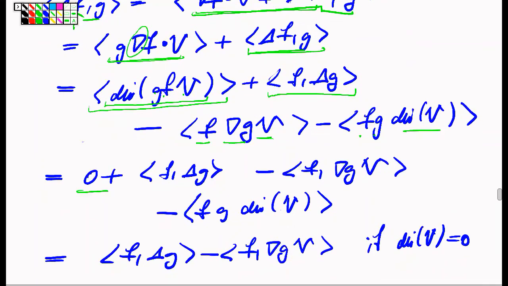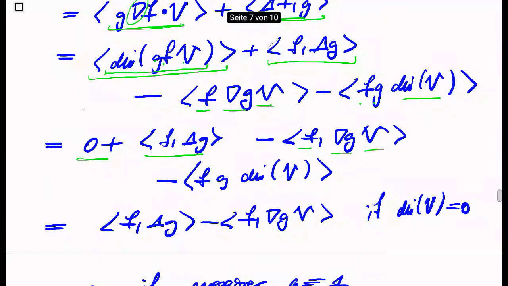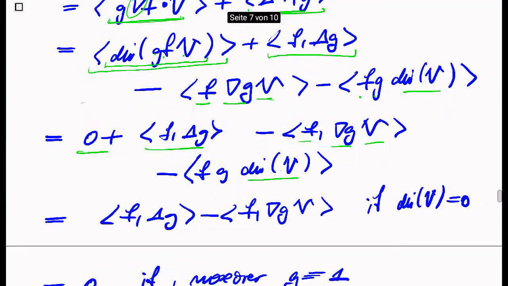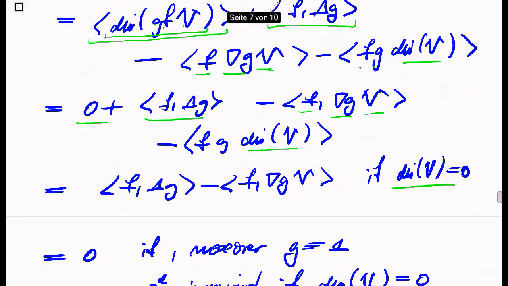So the first integral is 0, and what I'm left with is f times Laplacian of g minus f grad g v minus f g times divergence of v. And if, as is the assumption in example 1, the divergence of the vector field is 0, then also the third part of these integrals does not contribute.